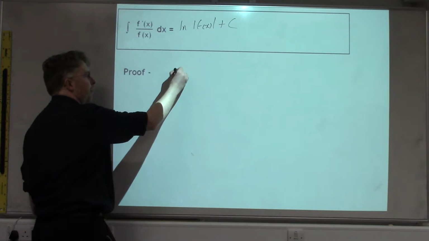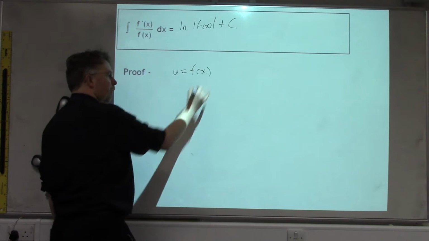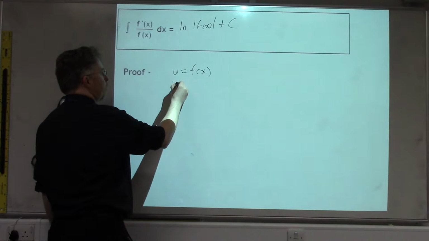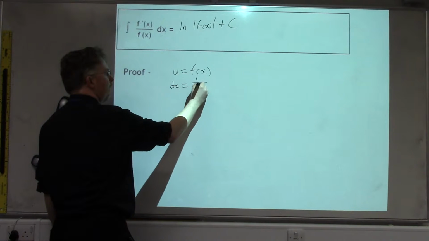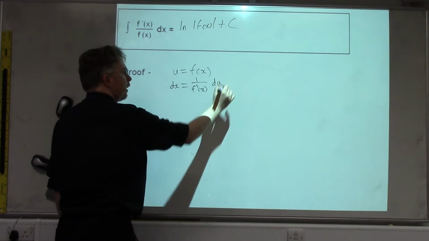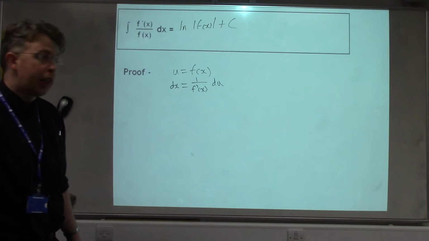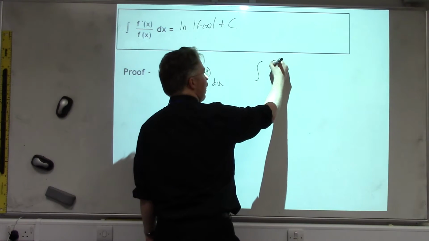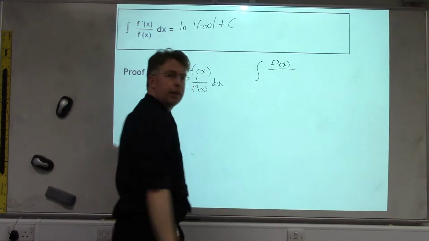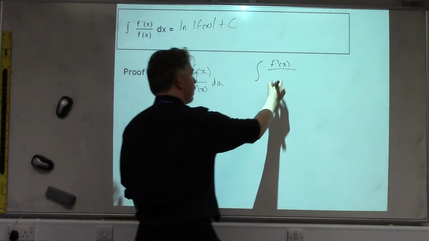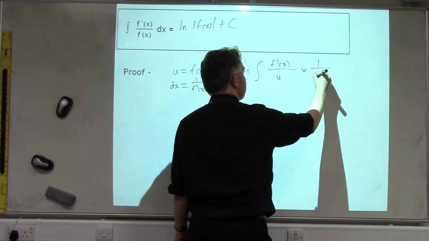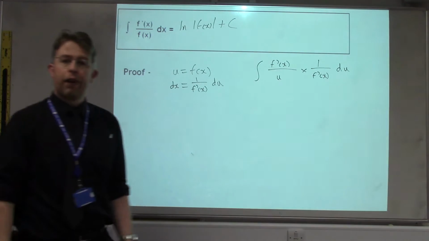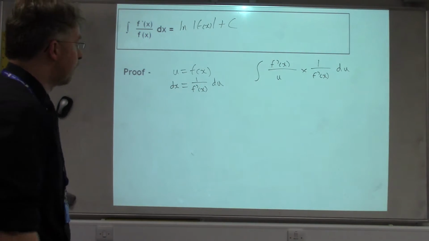Same substitution for the proof. u equals f of x. So just as we got before, dx equals 1 over f dash of x du. I'm not going to go through all the steps because they're the same as they are for the other proof. Sub them into the integral. So we've got the integral of f dash of x divided by u times 1 over f dash of x du.